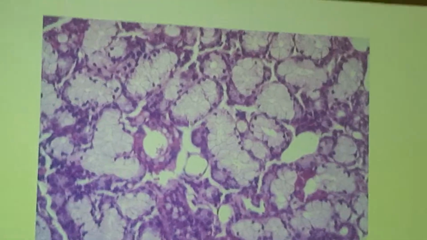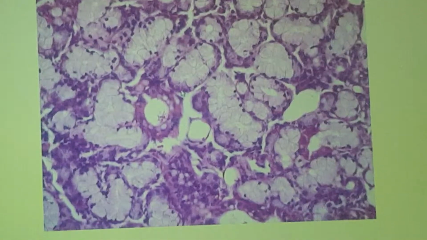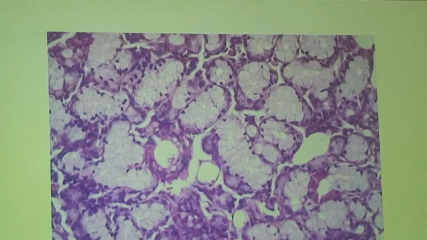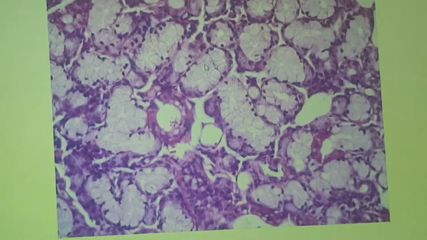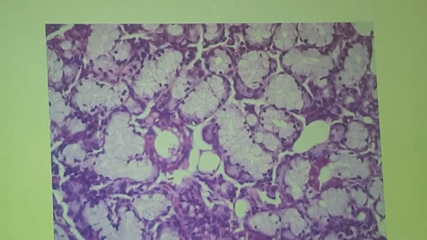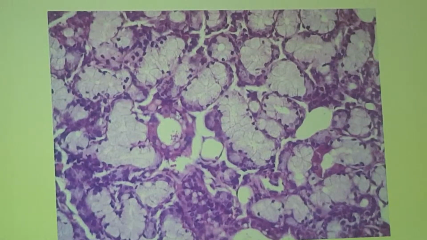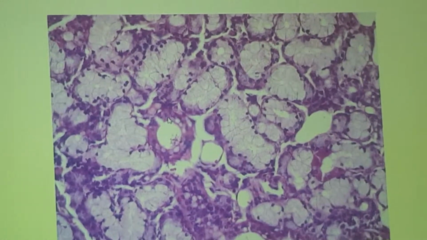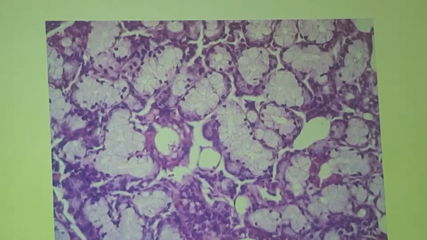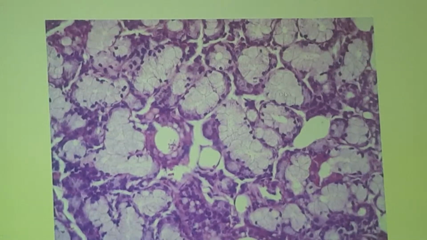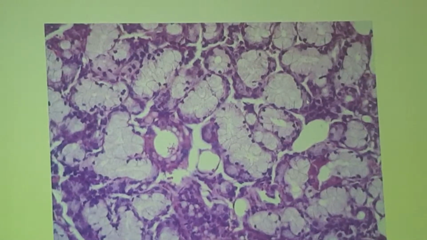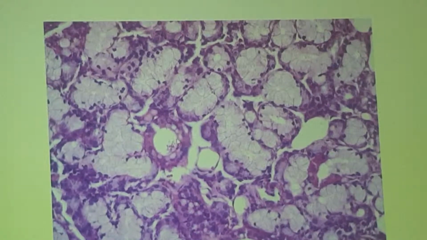Mucous acinus, the serous demilune, that's what tells me that you're looking at the sublingual gland. And then 22 was a duct. So again, here would be a mucous acinus, here would be a serous demilune. Here's a duct.